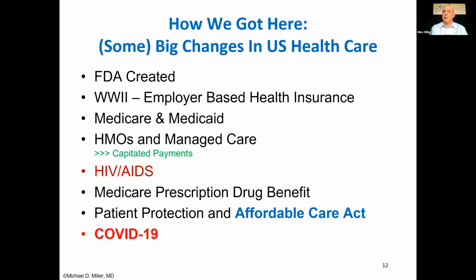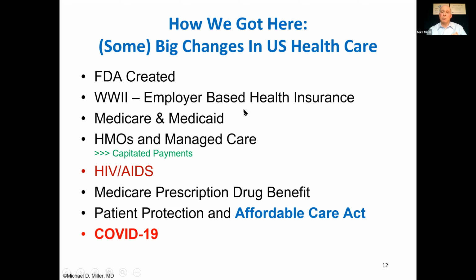Getting back to the whole US healthcare system, the context of where we are today and where we're going. These are just a few of the major changes that have happened to the US healthcare system that have caused, I won't say seismic shifts, but major changes in direction or major advancements. The FDA was created in the early 1900s.